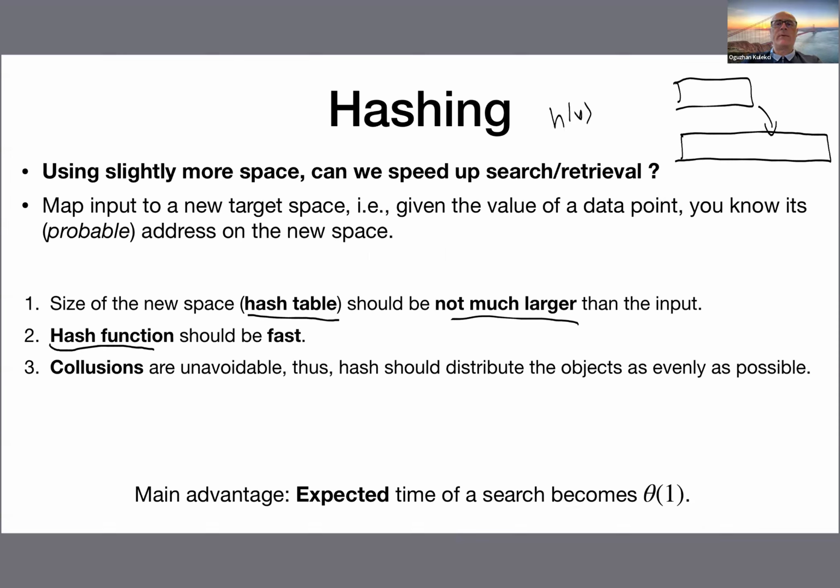I feed the value of an item to this hash function and it returns me a value. This function should be something very simple, should be fast. And I guess you already noticed that this is a good idea, but what will happen if two of the values just hit the same address?